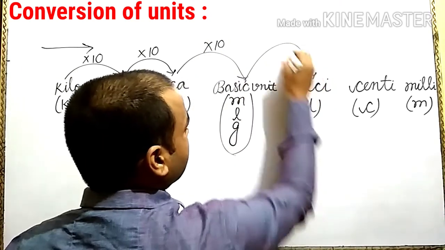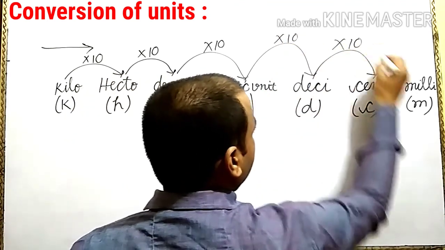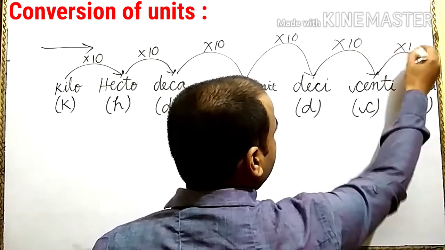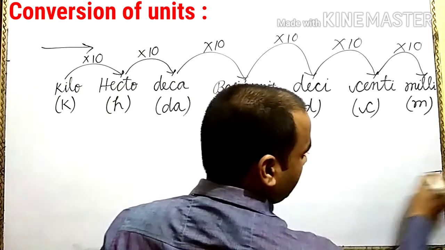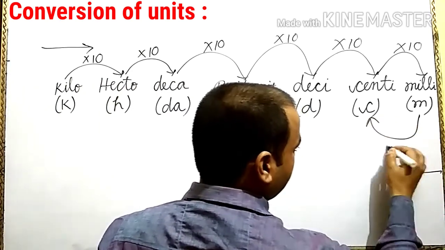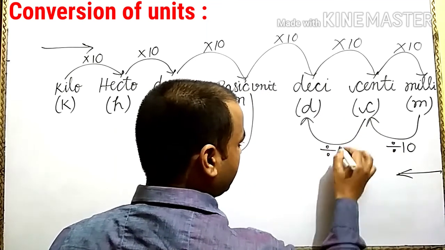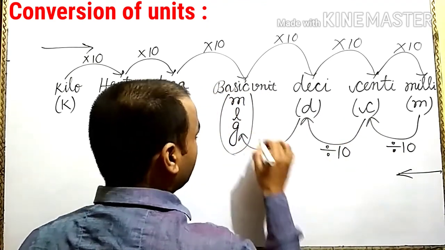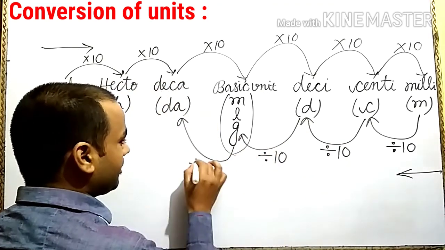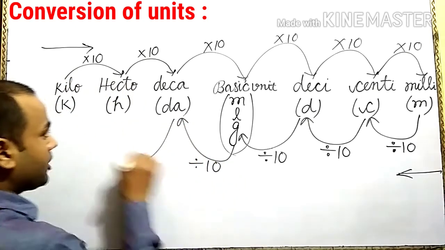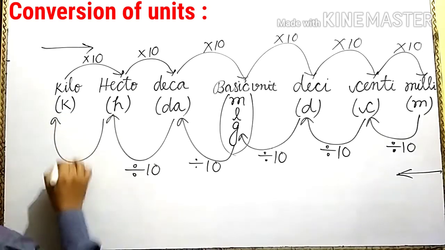Again basic unit to deci, multiply by 10. Deci to centi, multiply by 10. And centi to milli, multiply by 10. When we go from right to left, we divide by 10. Centi to deci, divide by 10. Deci to basic unit, divide by 10. Basic unit to deca, divide by 10. Deca to hecto, divide by 10. Hecto to kilo, divide by 10.